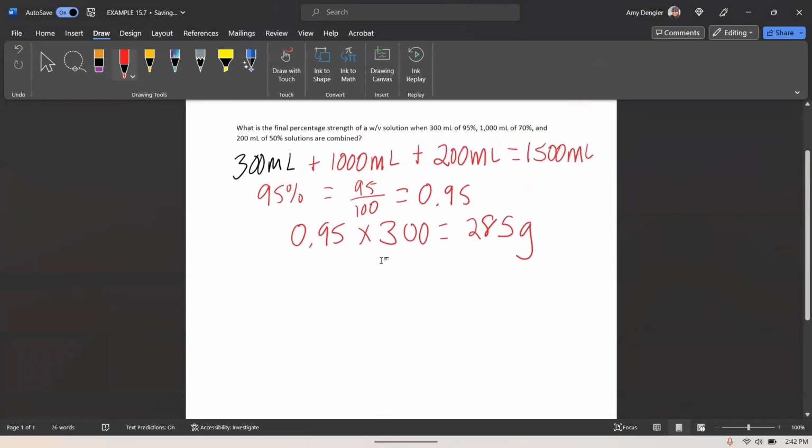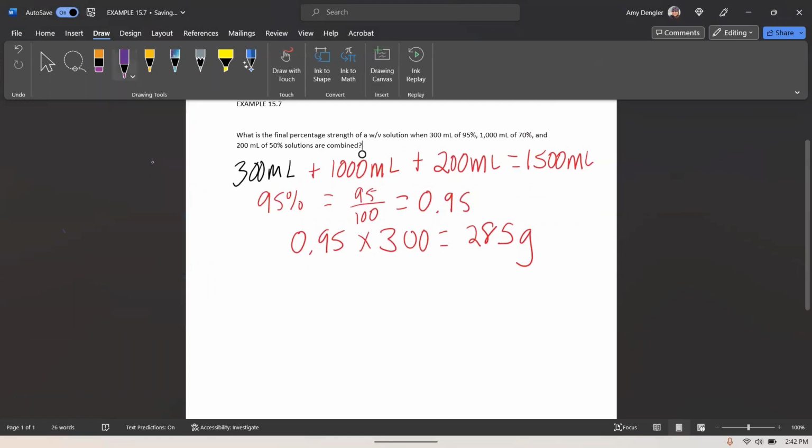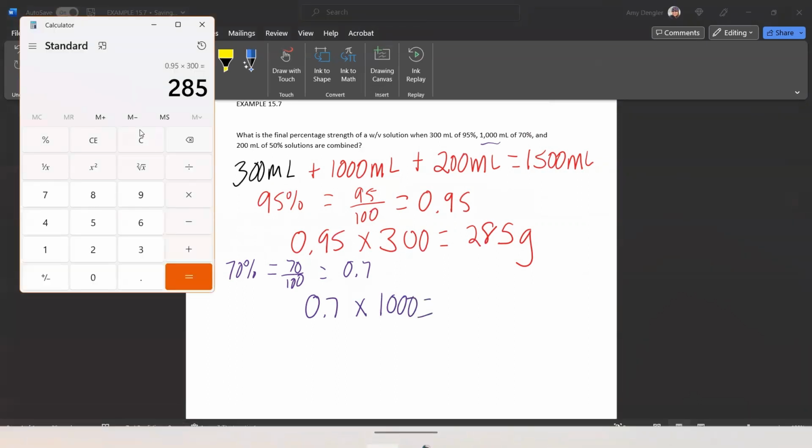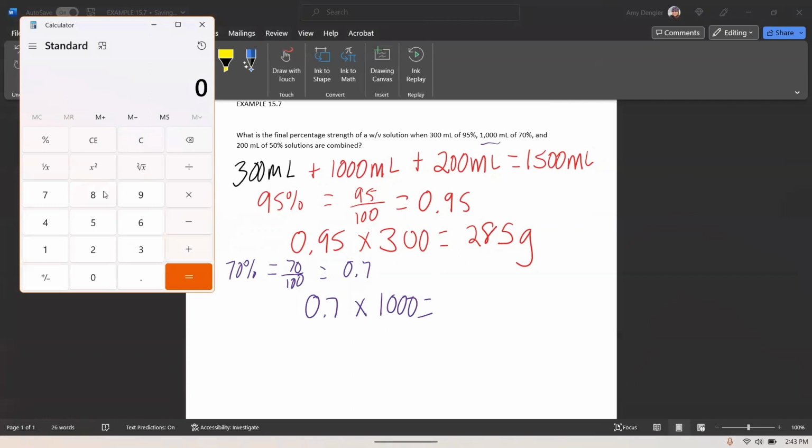Now we're going to do that for each other one. So next, the 70%. If we took 70% and turned it into a decimal, 70 over 100, which would give us 0.7 or 0.70. So now we're going to take that 0.7 and multiply that by the 1,000. So if we do that, we're going to get 700.